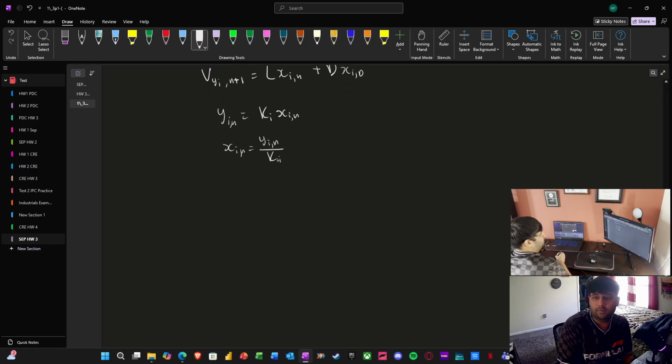And this helps us because now we can get rid of this portion right here. So what we find is, and we can get rid of the n plus 1 for now, just conceptually, L y_i over K_i plus our D x_i,D.